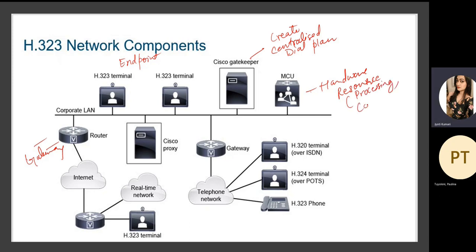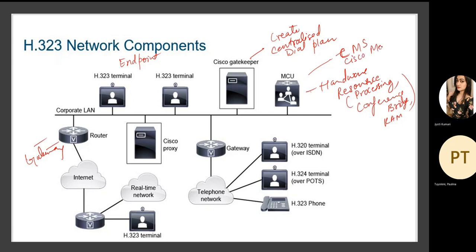It's also used for conference bridge. It has RAM and so on. So nowadays, instead of MCU, CMS is used, Cisco Meeting Server. Okay, so this is what MCU is used for.